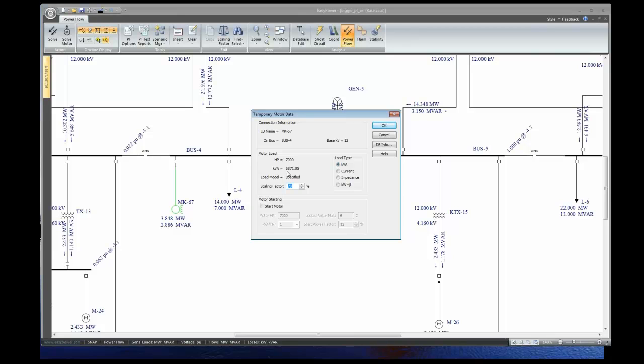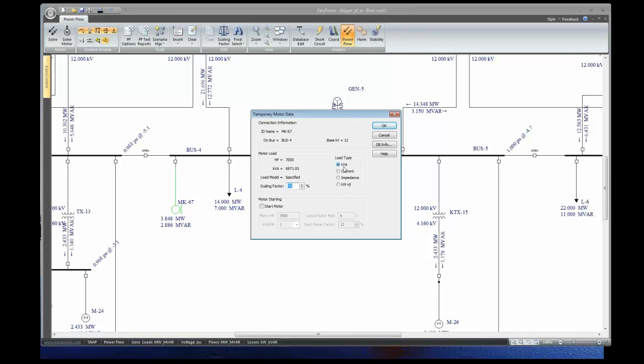When EasyPower applied the efficiency and power factor that I specified in the motor data, it came up with 6871 kVA. That's the load. That's what the program is going to use, times this scaling factor, which was defined in the database. I can change it here, but that's how it determines the load. It uses the load type to determine how the load responds to changes in voltage.